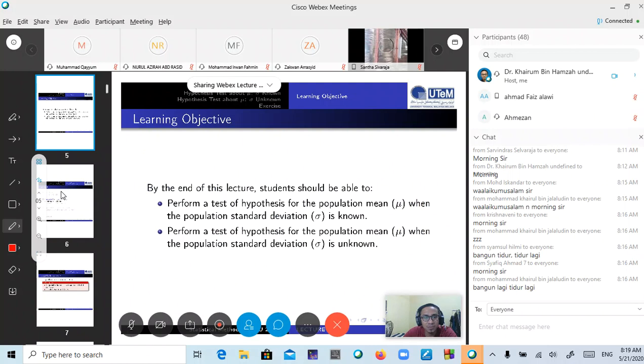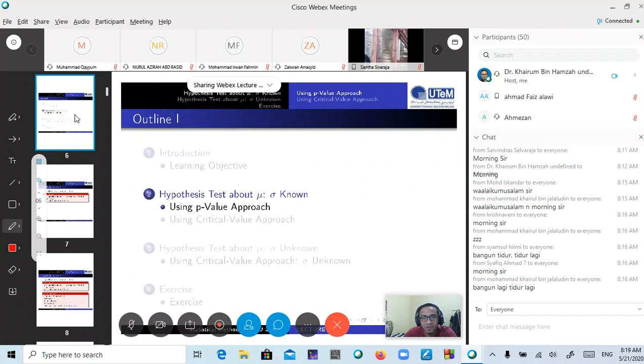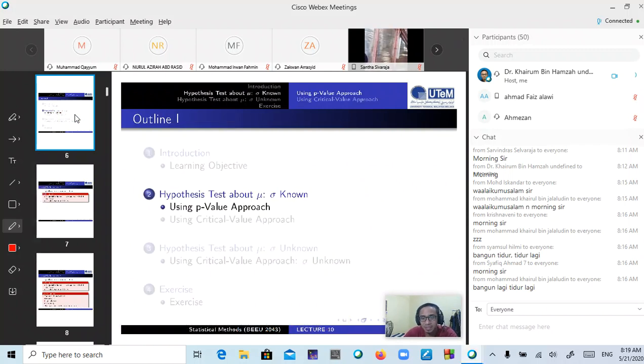So the learning objectives: of course, you can perform hypothesis testing when you know the value of sigma. And the second one, you can perform hypothesis testing when you don't know the value of sigma. Okay, look at the first one, using the p-value approach. Questions usually ask you to use the p-value approach, so you use the p-value approach.